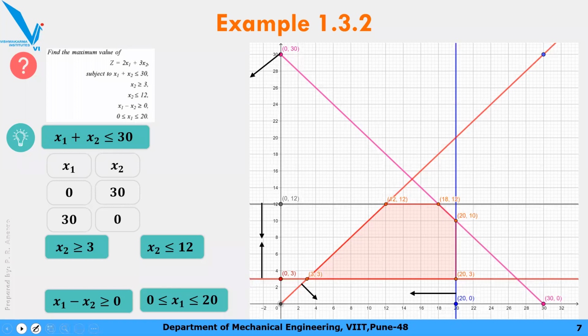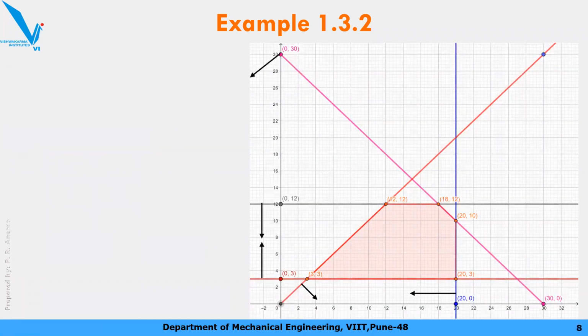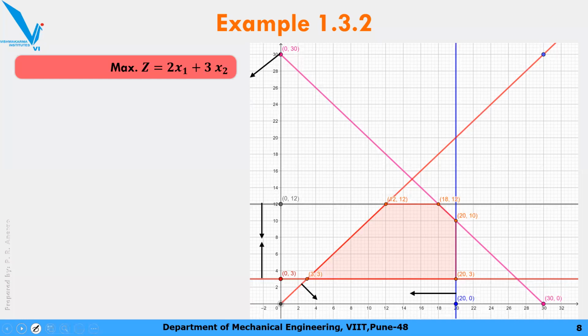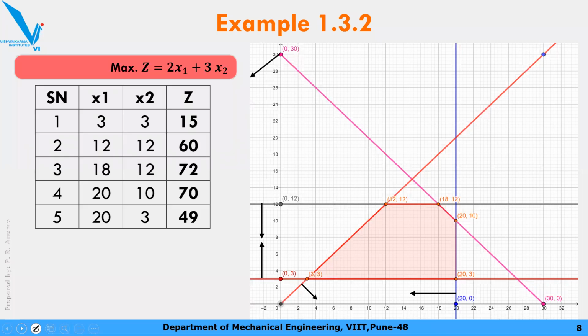Okay, now we will go to the z calculation. First you will write down the objective function, z max equal to 2x1 plus 3x2. Now prepare a table, take all the corner points.